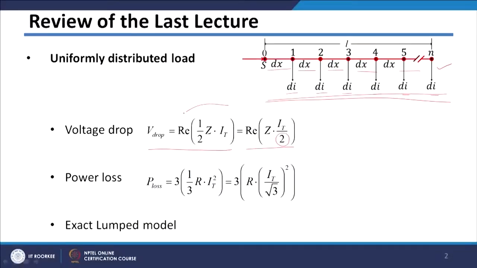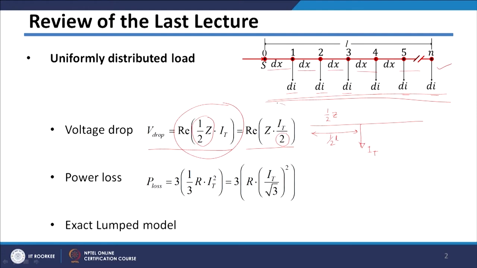If you see this particular equation here, we can easily see that this load can be lumped at the middle, where it will be at 1/2 Z, and you need total current to be lumped at this location. So, this distance will be 1/2 L, which will have your impedance of 1/2 Z, and total current will be lumped at this middle location.